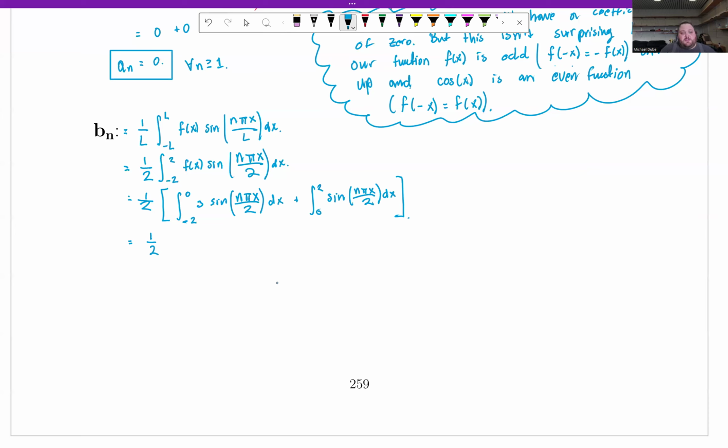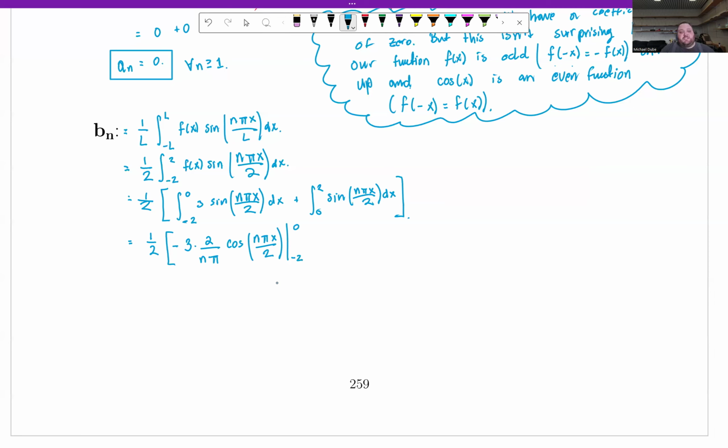And then we want to look here. So we have the integral of 3 sine n pi x over 2 dx. This will be similar to our previous coefficient that we were solving for. And so we'll just go ahead and do that. This will be 3 times 2 over n pi cos. This will be negative, right? Cos of n pi x over 2, evaluated from negative 2 to 0.